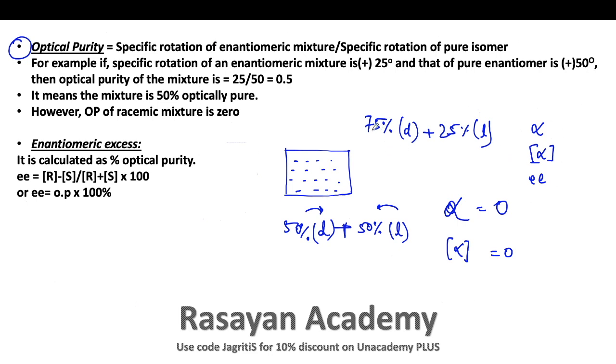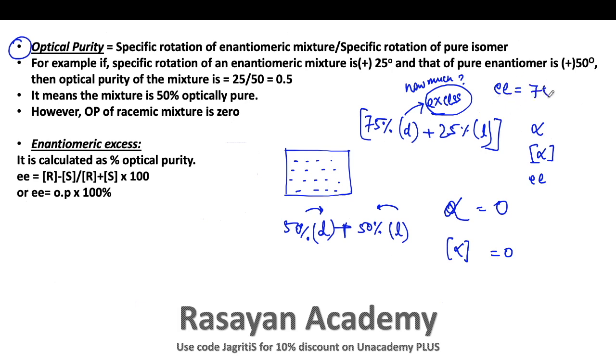Okay, so just by looking at the percentages, I can say that D is there in excess. D is the enantiomer which is present in excess. Now, how much is the excess? That is called the enantiomeric excess. Okay, how much excess? That is the enantiomeric excess.